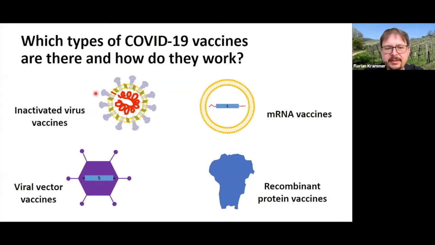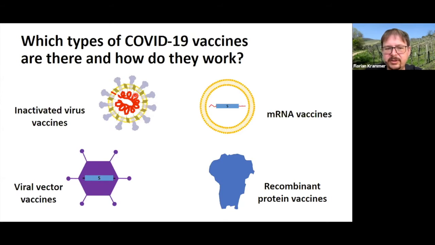We have inactivated vaccines. These are very classical vaccines where you take a patient isolate, you grow it in cells in a laboratory, you inactivate the virus, usually with chemicals, you purify it, and then you use that as vaccine. You inject that into your muscle, and then your immune cells find that virus, which can't do any damage, but then you make an immune response.